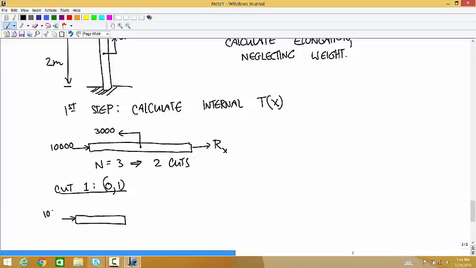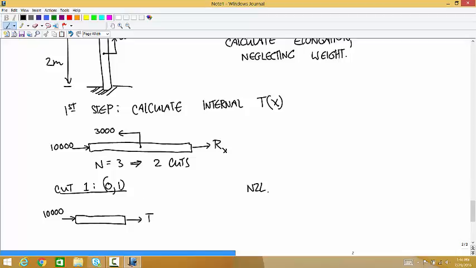So we have the 10,000 Newton force at the left end. We haven't made it to the 3,000 yet, so all we have besides that is just the internal force T. And normally we would put in the shear force and the bending moment and the torque and everything, but we're only dealing with the tension in this problem, so this is all I'm going to write.